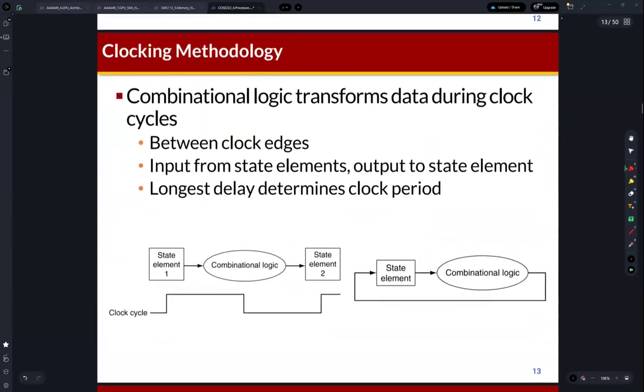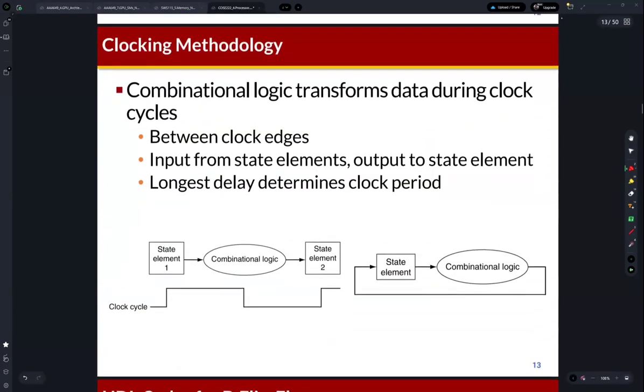Actually, we build the digital system like this. You can observe that this is state element 1 and this is state element 2, which are actually D flip-flops. You can observe the combinational logic between the D flip-flops.